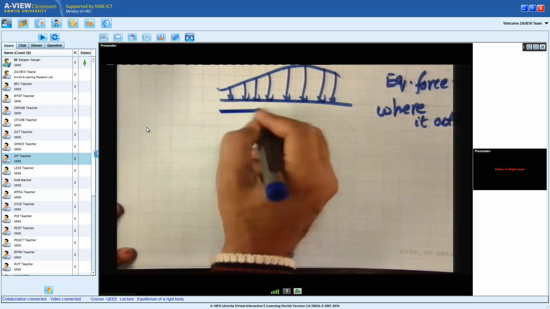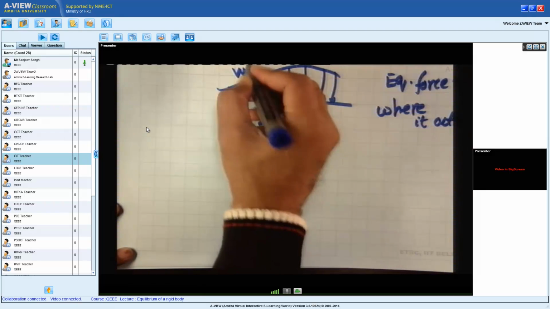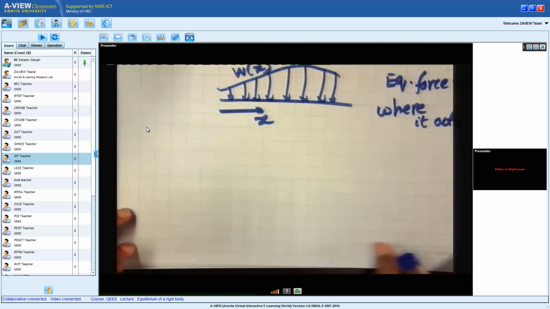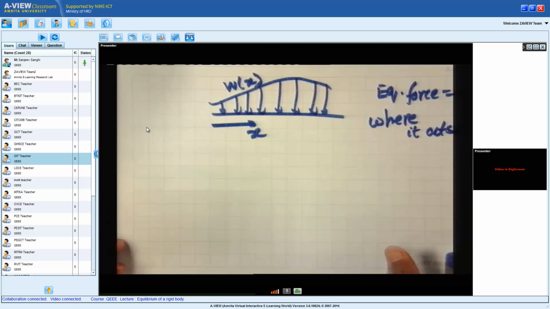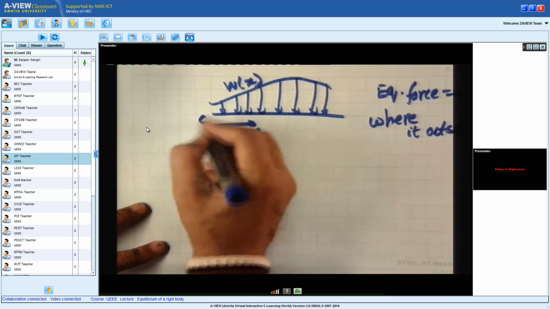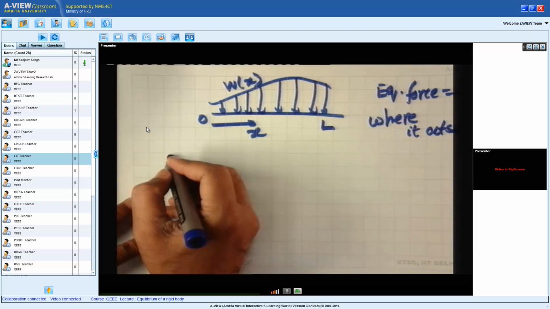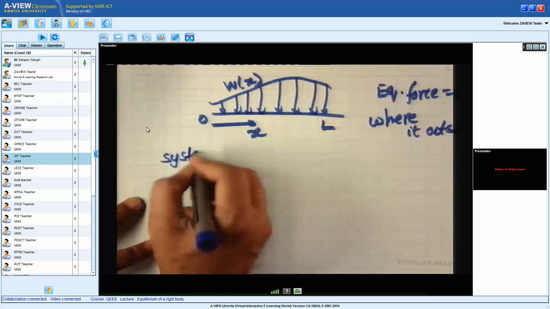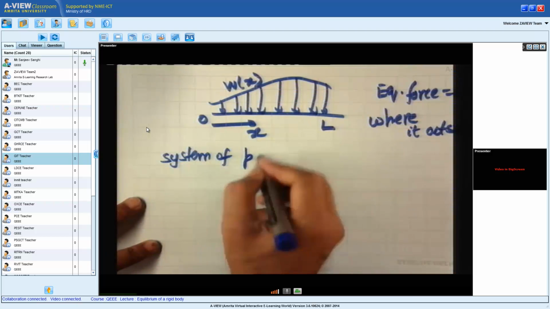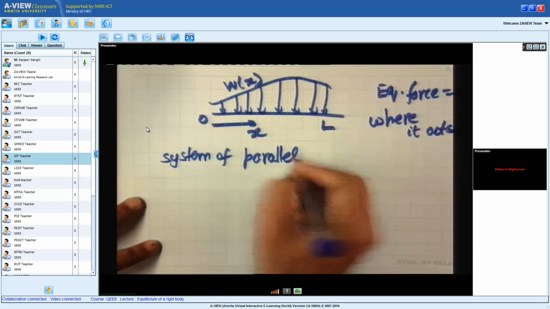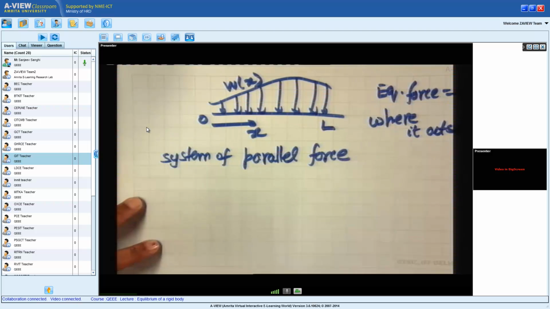So this is x, this is w. We have this distribution of force and we want to find where it acts. Let us say this is 0 and this is L. First of all, we see this is a system of parallel forces.